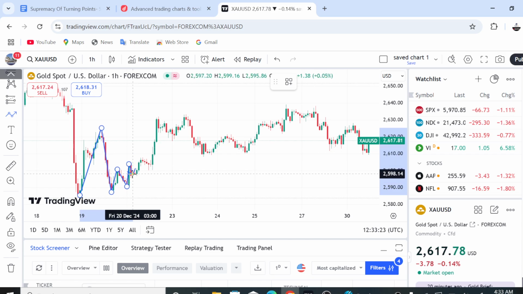So it went down and created a higher low, and then went up and created a new high, and then created a higher low. At this spot, what are you going to be thinking? What you will be thinking is that you should be looking for a buy.